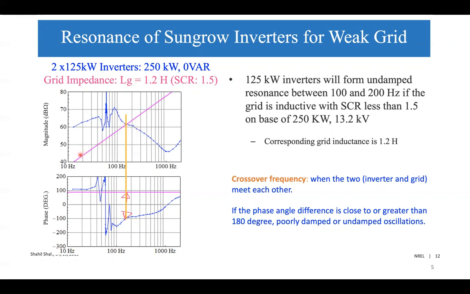If the grid impedance is smaller, you expect a shallower slope, and in that region you won't expect the phase difference to be close to 180 degrees. Here it is close to 180. So if the system is weaker, the stability is worse. That's the first part of the show, just showing that this capacitive behavior is no good.